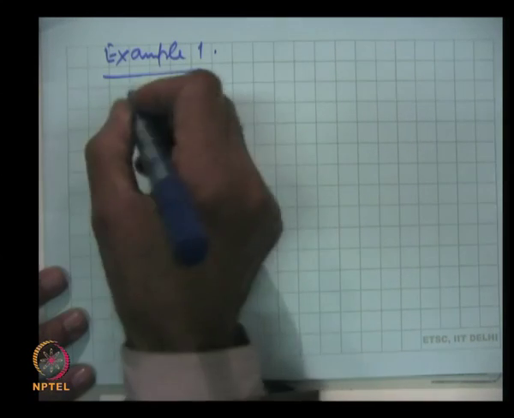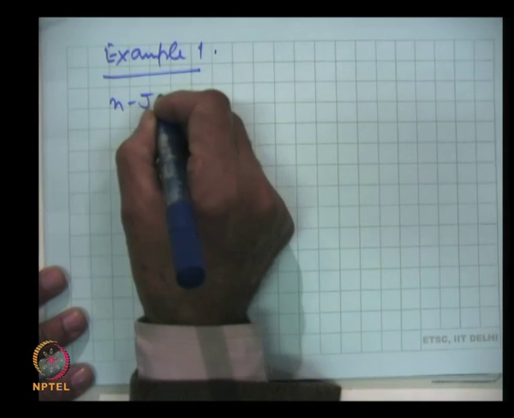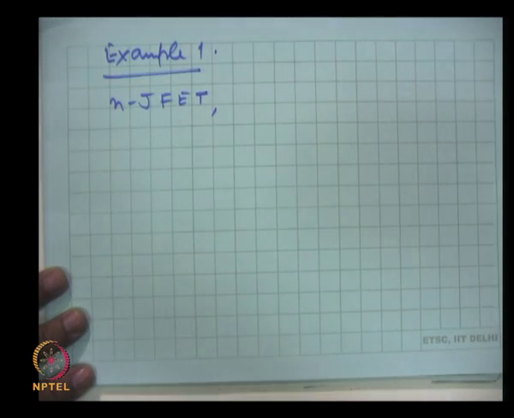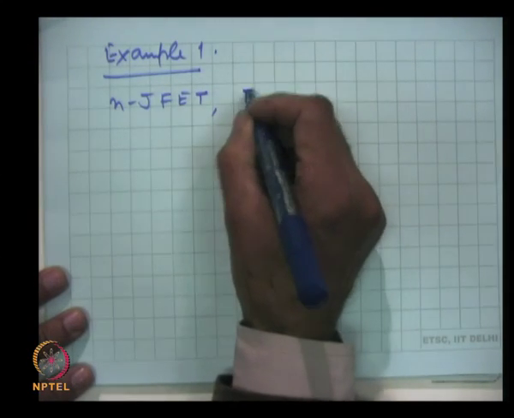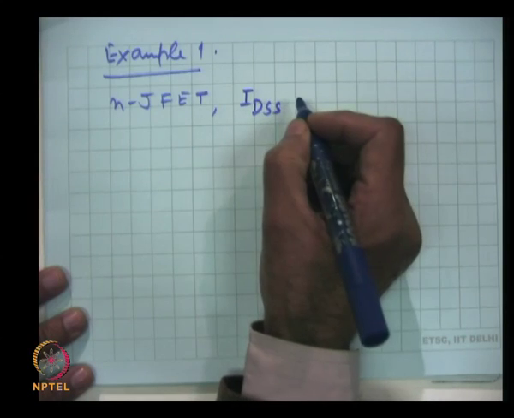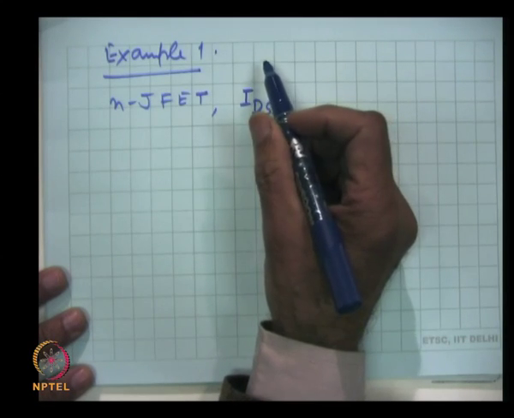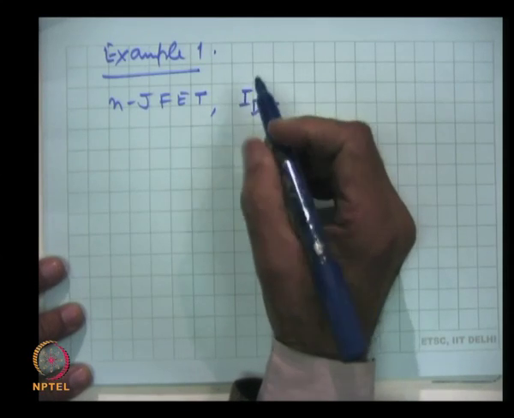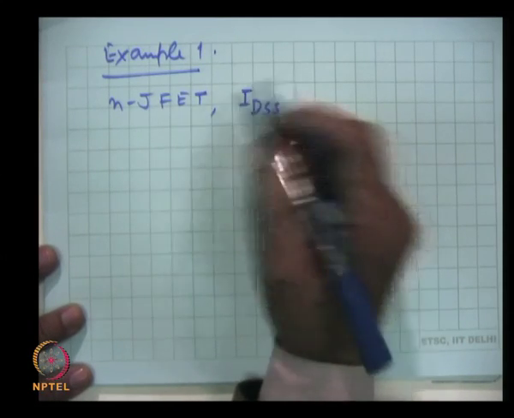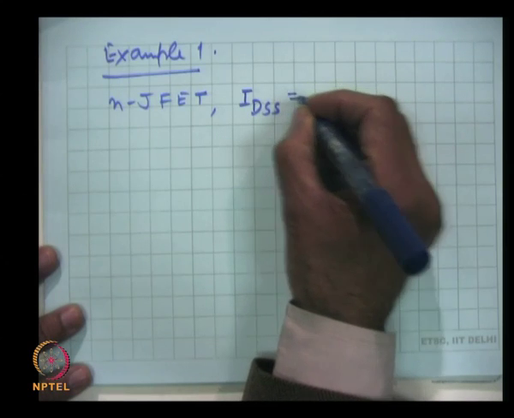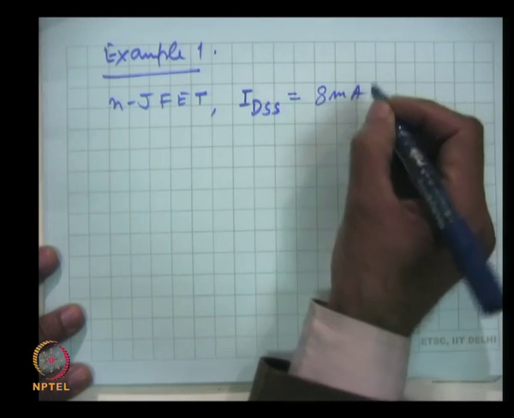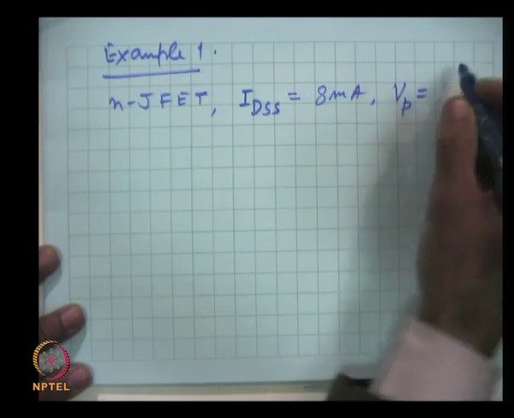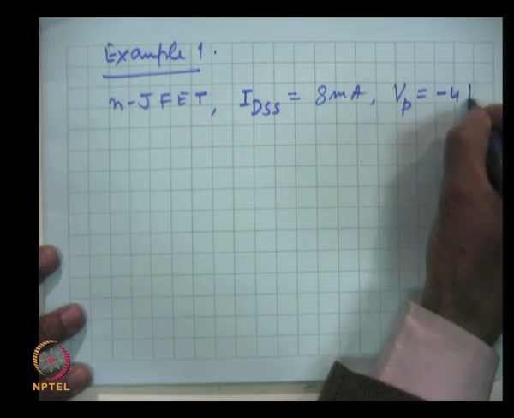This is for an N junction field effect transistor. The parameters of the device are that IDSS, when the gate is shorted with the source, that is the maximum current in the N junction field effect transistor, is 8 milliampere, and Vp is minus 4 volts.